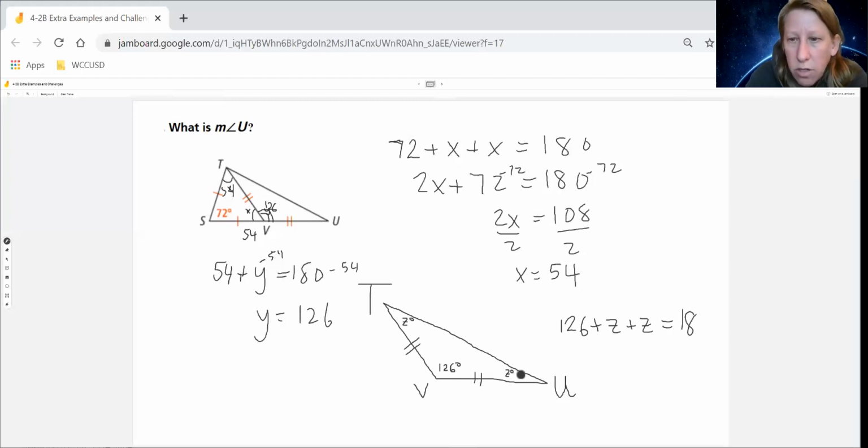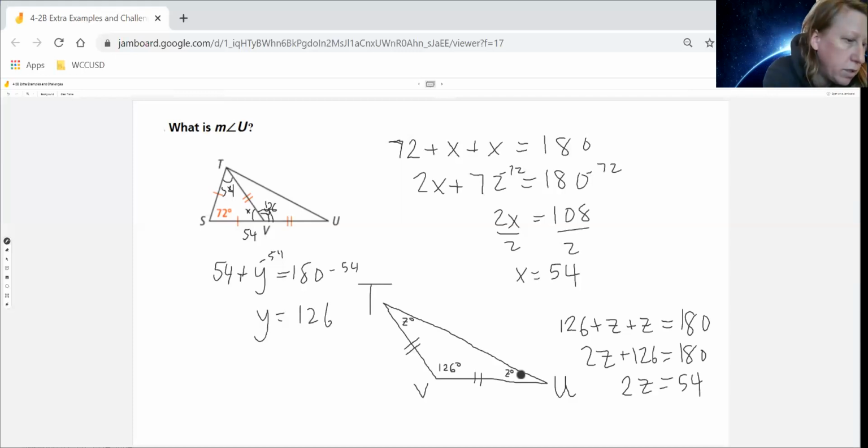That's the isosceles triangle theorem. Same kind of problem: 2Z and 126 is 180. 180 minus 126 is 54. 2Z is 54. Divide both sides by 2, and Z is 27.